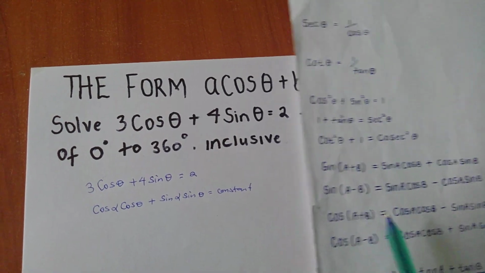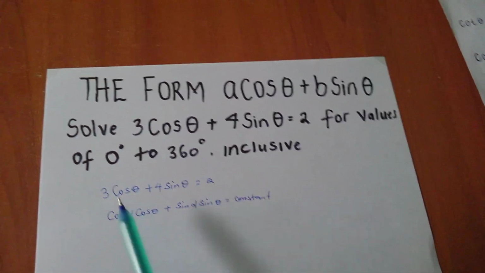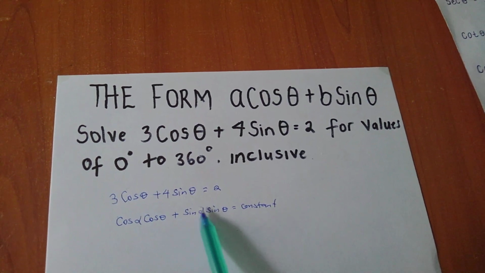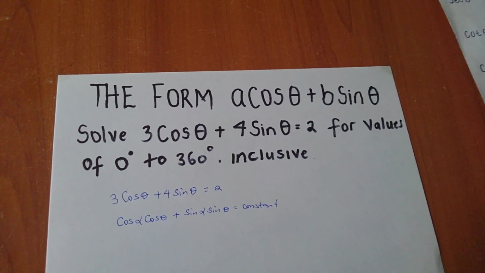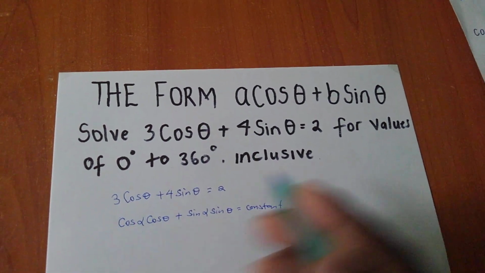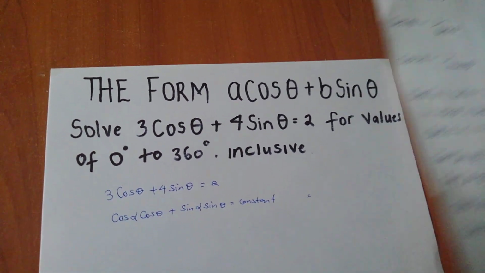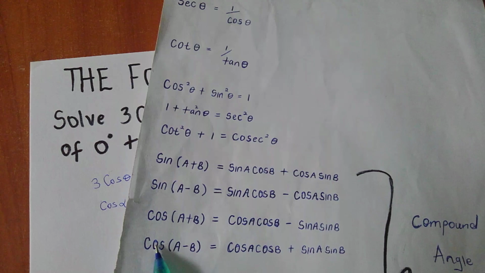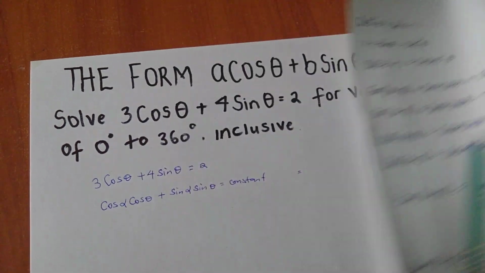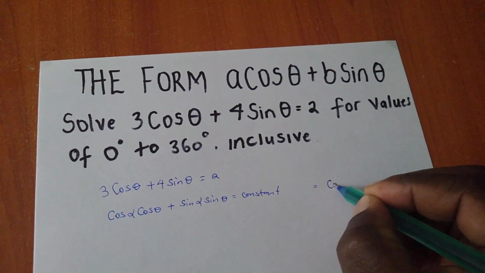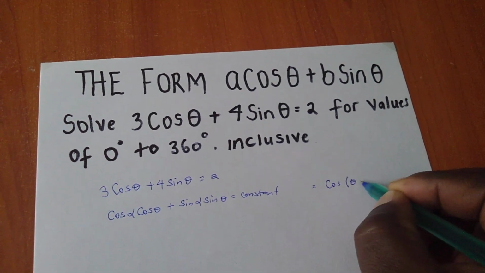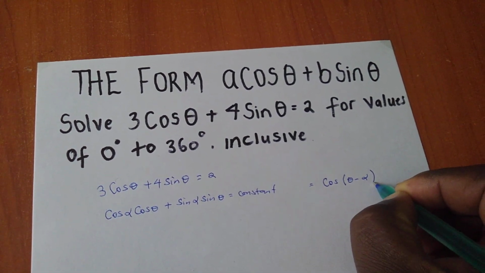So from there, I'm going to bring this out and compare it to what I have here. I think you are getting me. And remember, since I have cos(A minus B), this one will be good from cos(θ minus α).